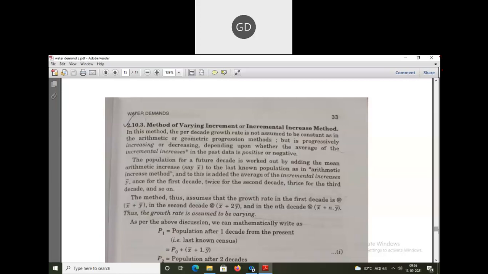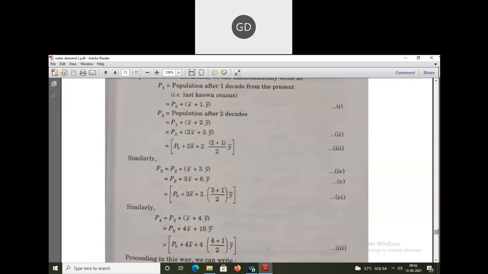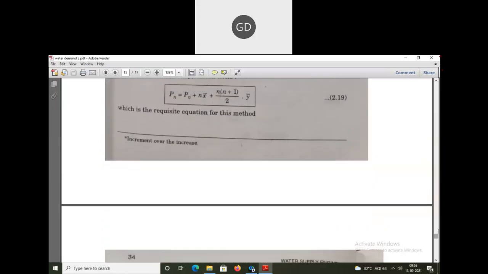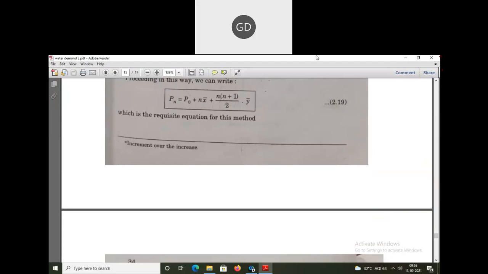So here also we have one formula. Pn is equal to P naught plus n x bar plus n(n+1) divided by 2 into y bar. Now pn you know, p naught you know, n you know; we have to know x bar and y bar.